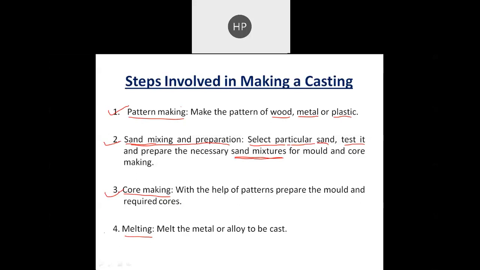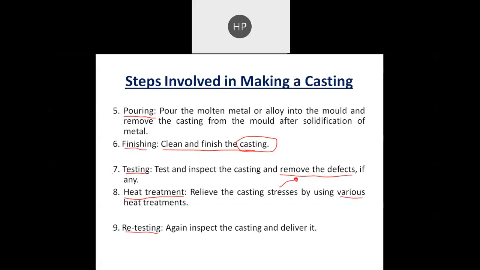Then melting, of the raw material from which we want to produce the final product. That metal or alloy is melted, and after melting, pouring.